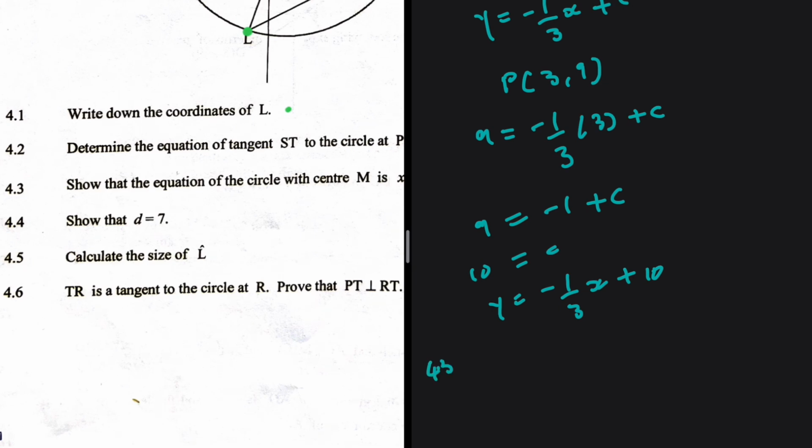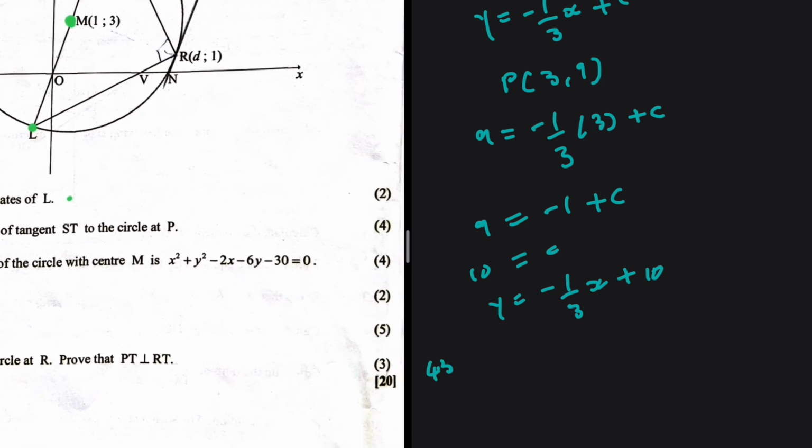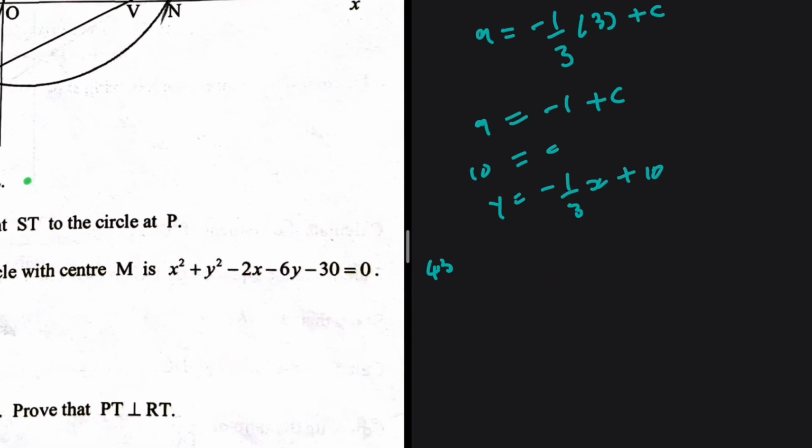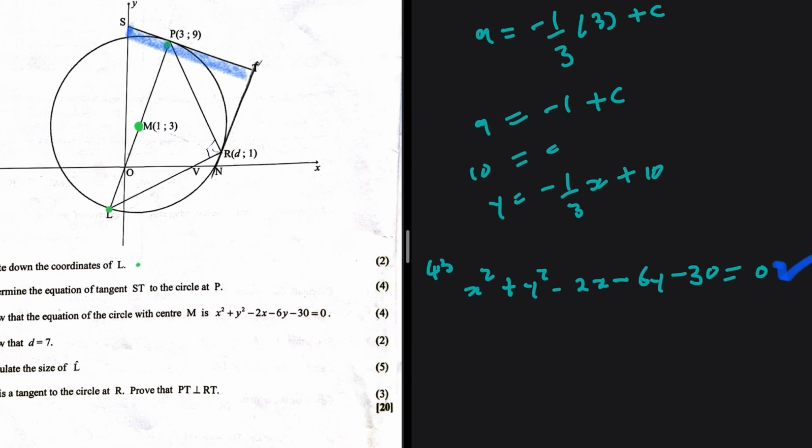So 4.3 says to show that the equation of the circle with center M is x squared plus y squared minus 2x minus 6y minus 30 equals 0. I think we should be grateful that this is the equation that we found in the exam.